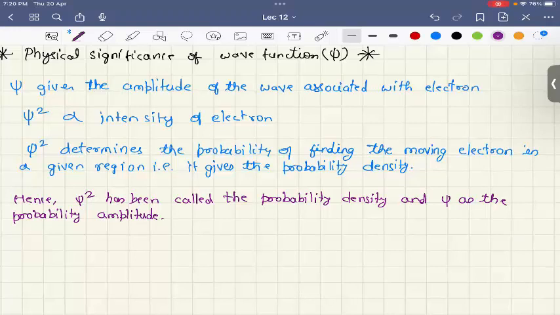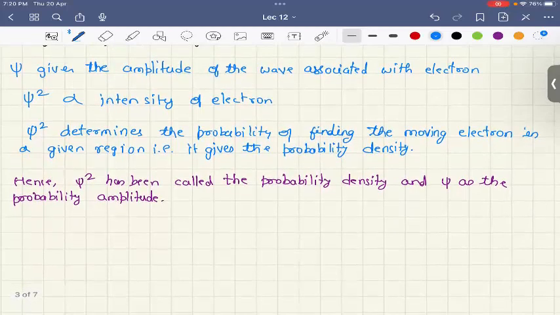and led to the concept of most probable regions in space in terms of psi square, right? This is also important. We should write this down.